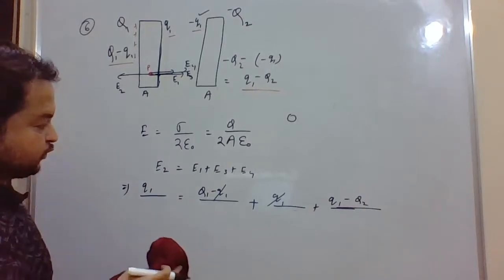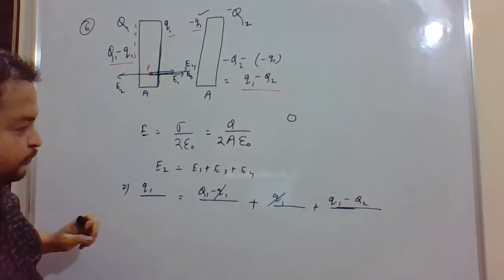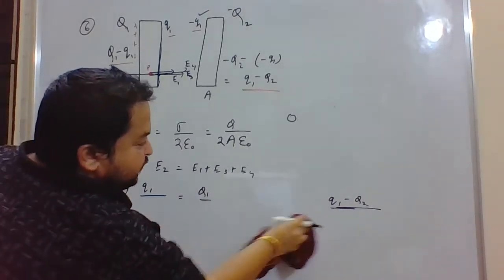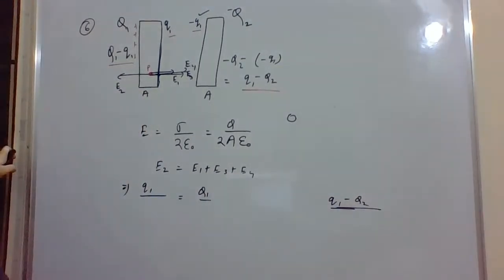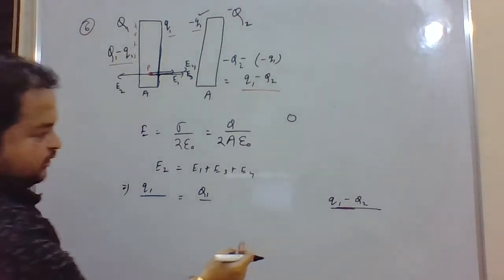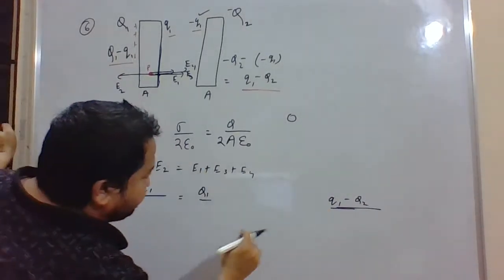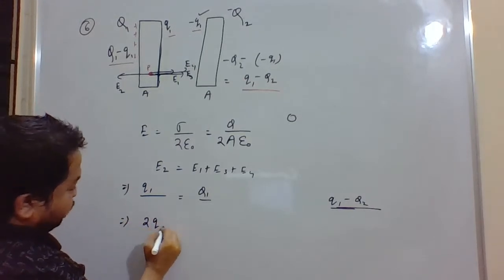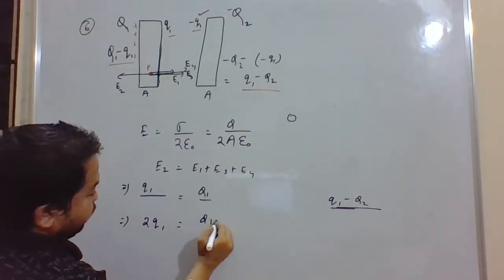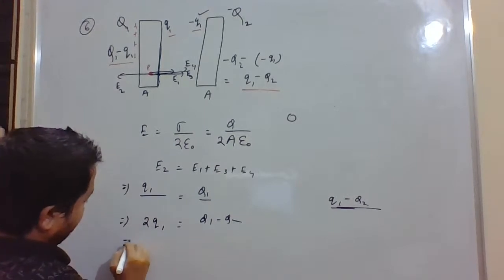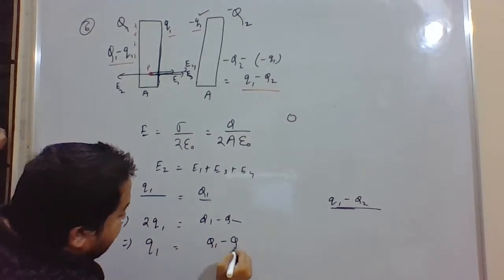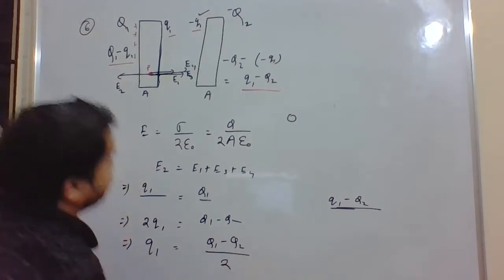So what am I left with? If I take this, that is nothing but 2q1 equals q1 minus q2, or q1 equals q1 minus q2 by 2.